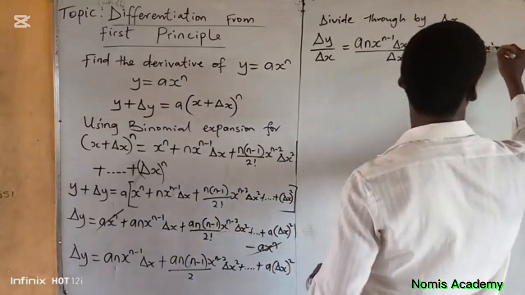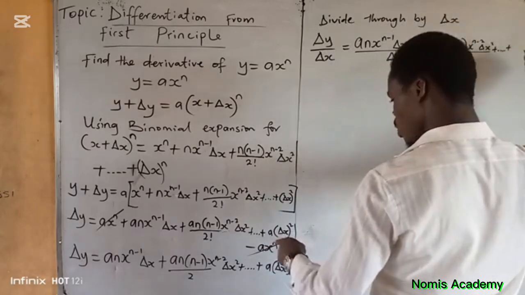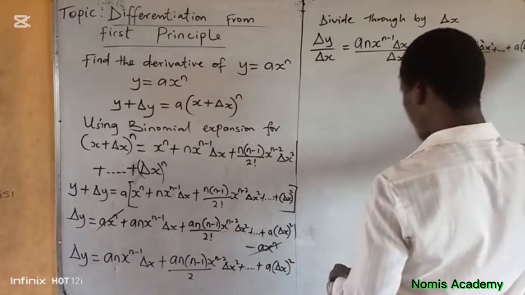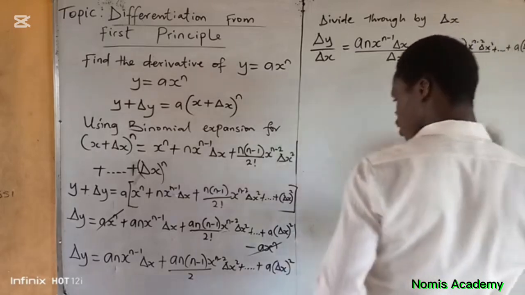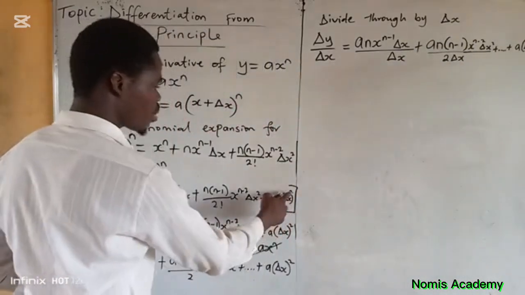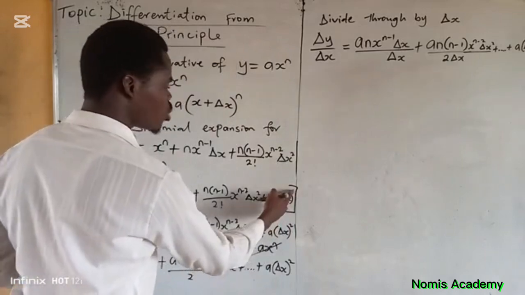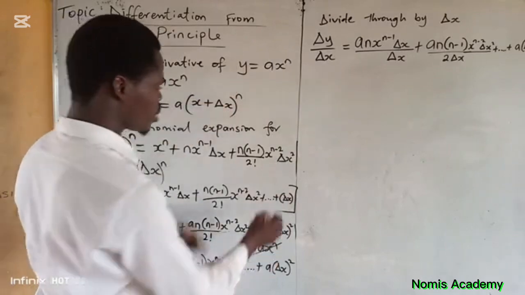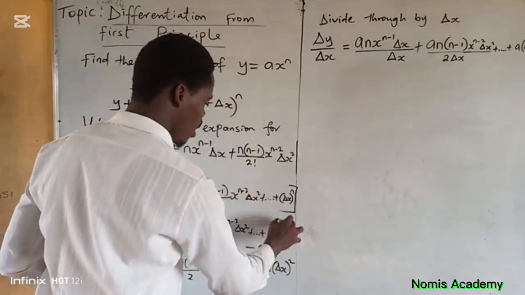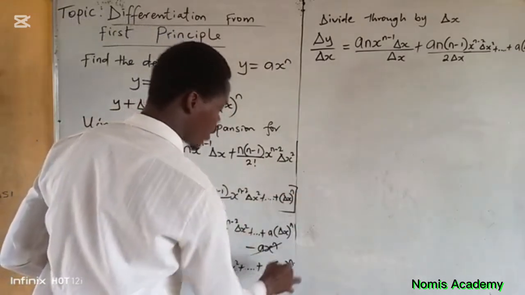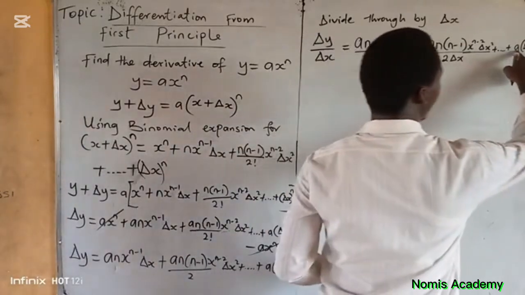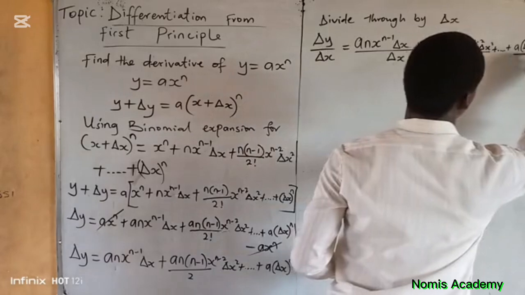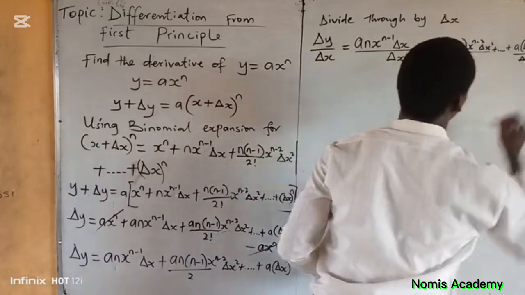Then the last term, plus ellipsis, we have a into delta x raised to the power of n. Sorry, let me make this clear. We don't need to write 2 here because the last term is meant to be delta x raised to the power of n. So here we have n. So a into delta x raised to the power of n. Alright, divide by delta x.